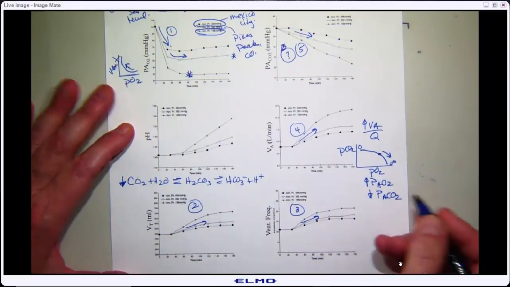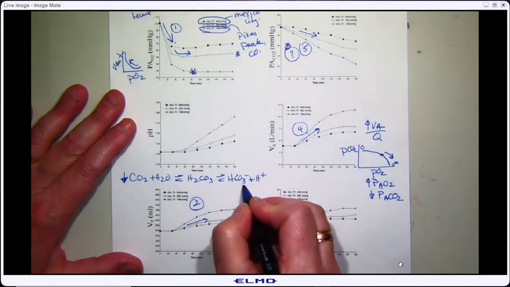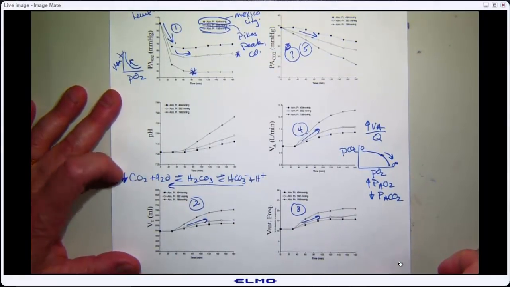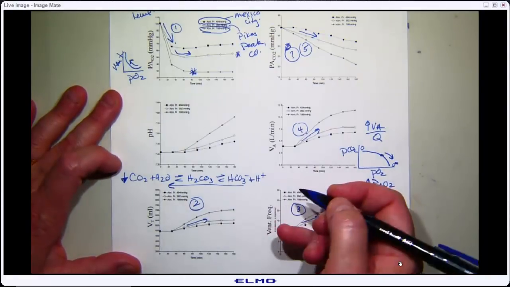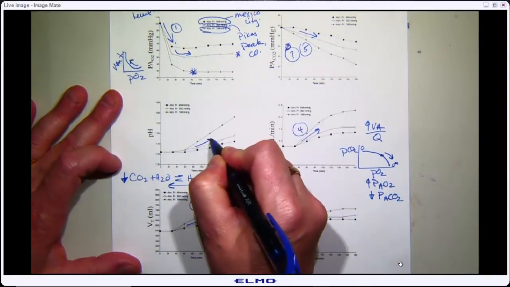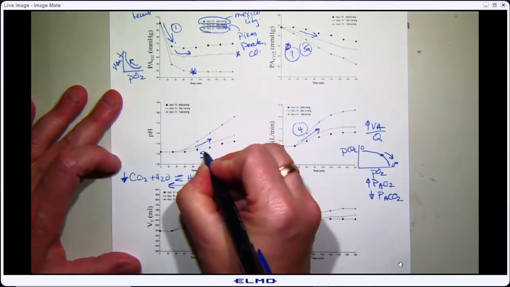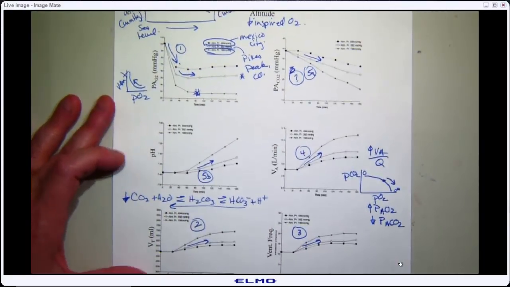Okay, if I were to decrease CO2 in the plasma, get this mass action, we would pull it in this direction. So I would decrease hydrogen ion and increase pH. Call that 5A and 5B down here, because they're related.